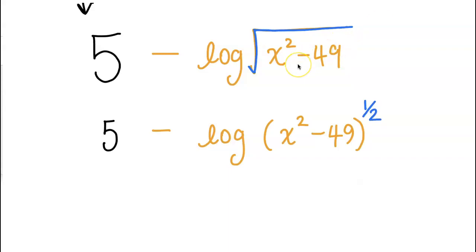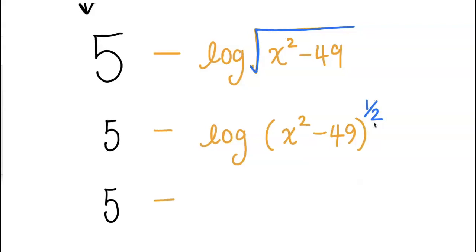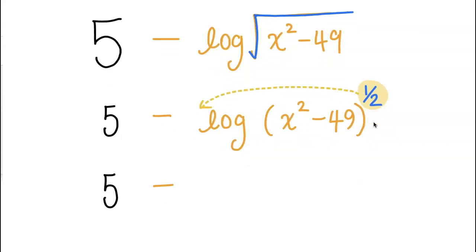Square root of something is the same as something getting raised to the 1/2 power. If you do that, then we can use the log property one more time and bring that 1/2 down to the front. I think this is just a little extra step that we didn't really have to do, but if we ever want to use as many log properties as possible, that was one way to do it.